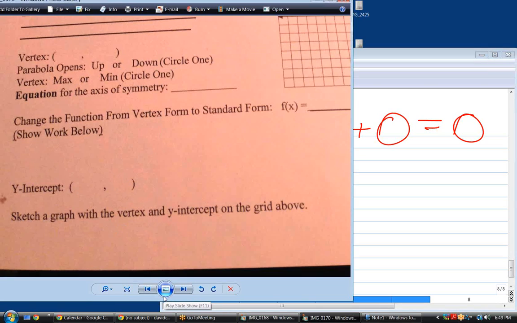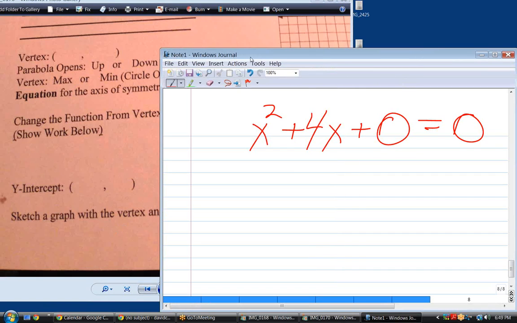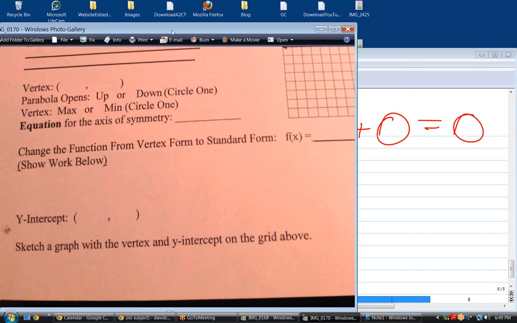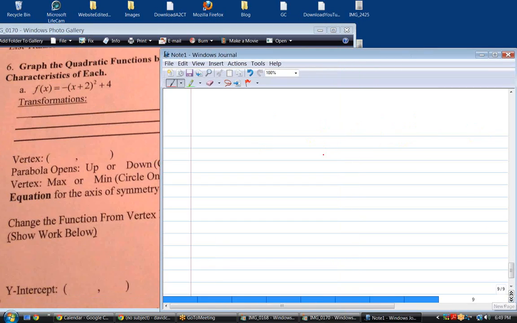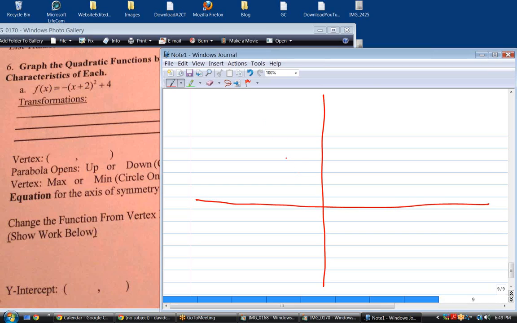Sketch a graph with the vertex and y-intercept. Okay, let's go back. Start with the vertex. Vertex is at -2, 4. The y-intercept was at 0, 0.